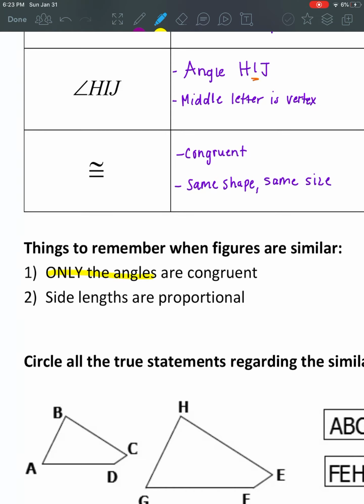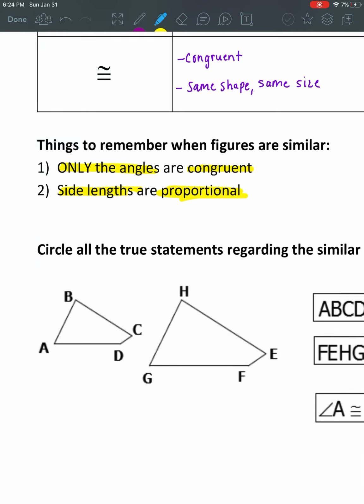Now, we're going to talk about proportional and similar shapes. So, things to remember, when figures are similar, the angles are congruent, meaning they're the exact same. Side lengths are proportional, so we can set up a proportion. Okay? Now, circle all the statements that are true. We have two shapes.